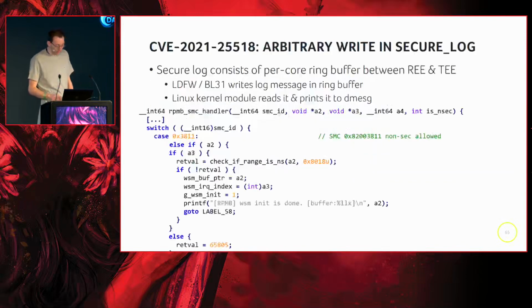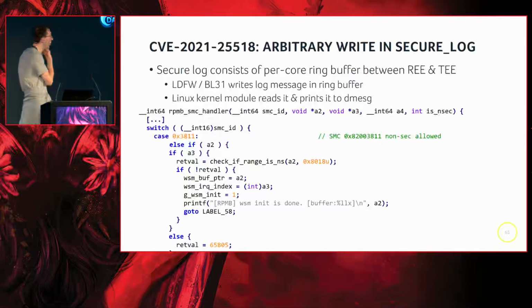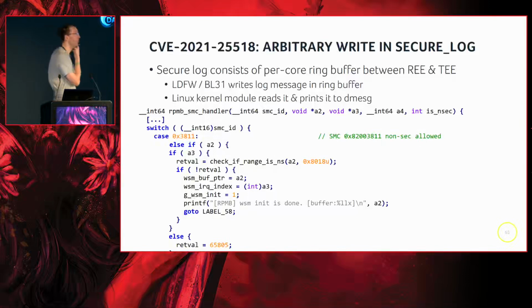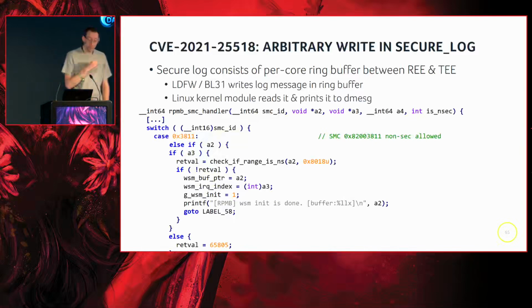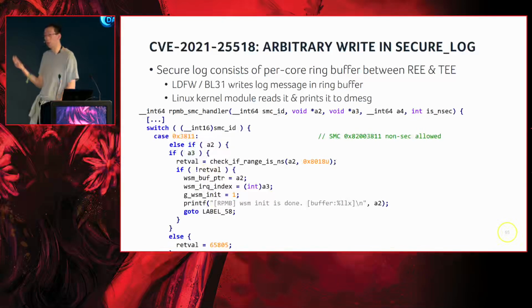Well, this mechanism, the secure log, is basically a set of ring buffers that are shared between the secure and non-secure side. And we have then a kernel driver running on the Linux side that basically takes the data from this ring buffer and will then kprint it to the kernel log, and that way this is how they show up in dmesg.